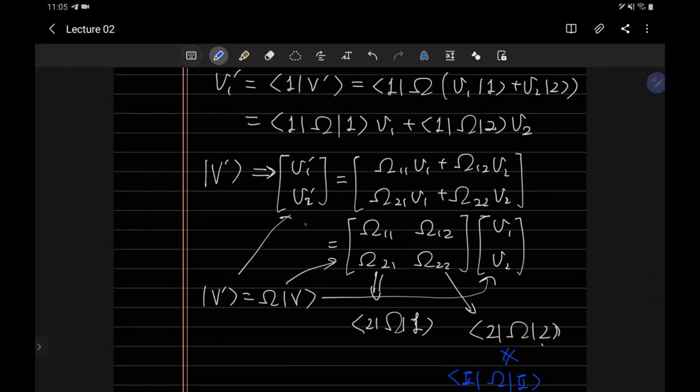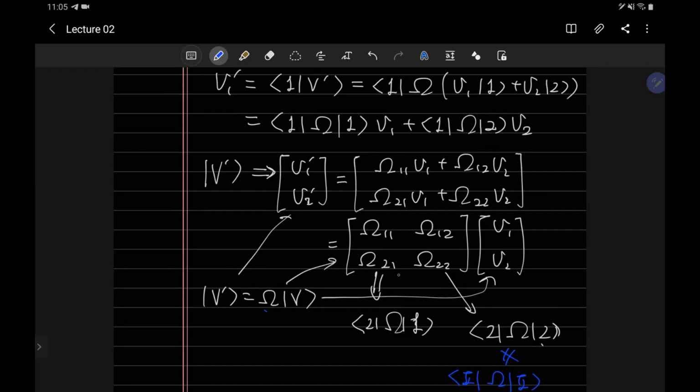But once we represent the vectors in terms of column vectors or matrices, then each of these element values will be different. We cannot say that some given linear operator will always be represented with a matrix with the same values.